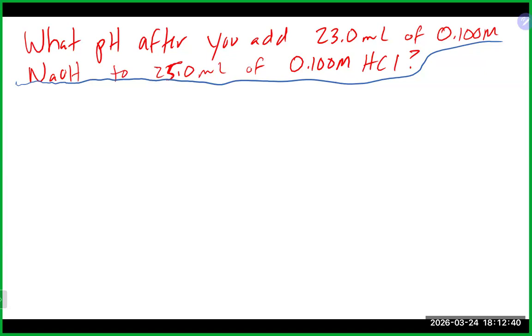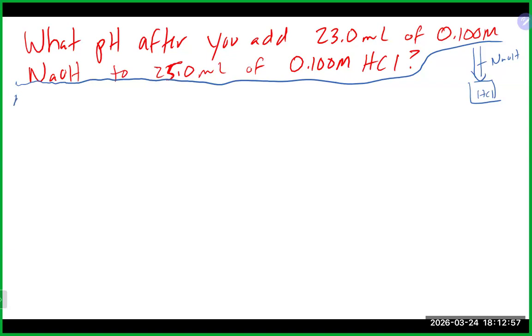So once again here, the setup is what we've been talking about. We got sodium hydroxide up in the burette, and we're adding it to our HCl in this case. So we definitely are going to need to do an ice table here because obviously we started adding. So let's get some moles here.